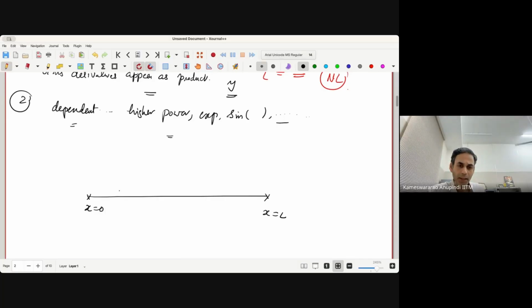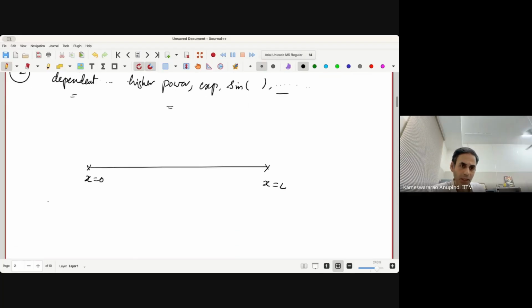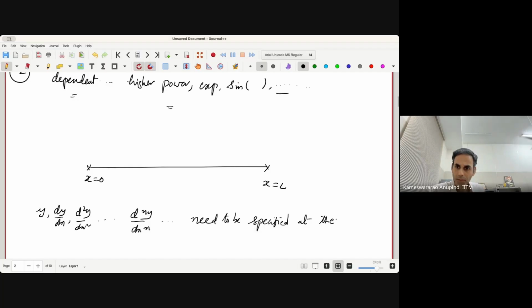And then we are given certain conditions. We should be given these values: y, dy by dx, d square y by dx square, all the way to d to the power n y by dx to the power n. These values need to be specified at the extremes.